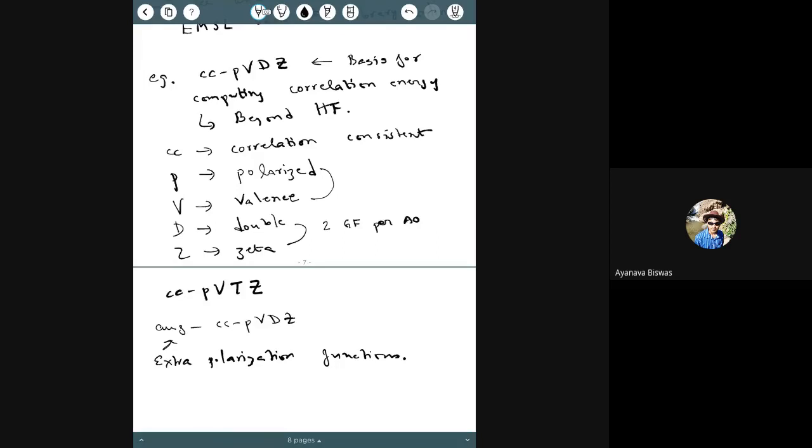There are empty atomic orbitals in the basis as well. So these are extra polarization functions.